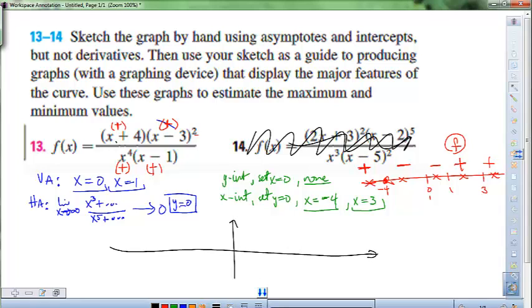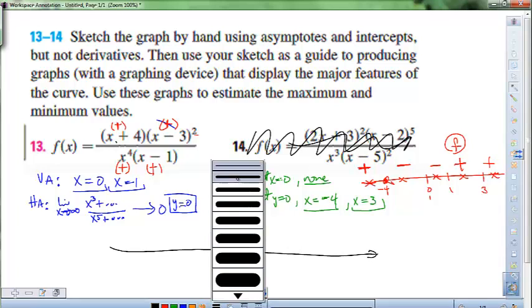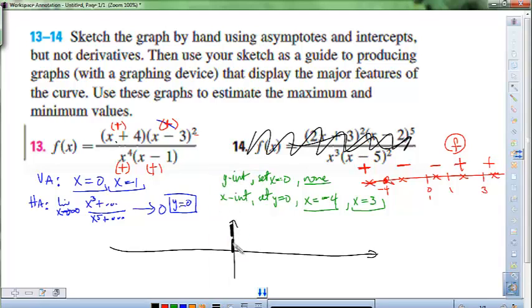Remember that we have vertical asymptotes at 0 and at 1. We also have a horizontal asymptote at 0.